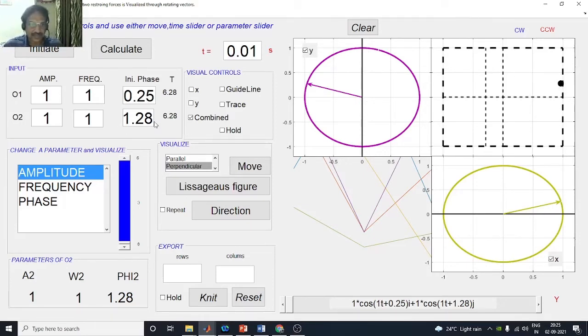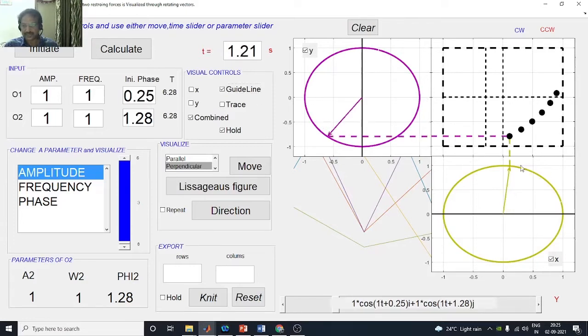So at a phase difference of 1.03, how would the motion look? So let me show. So this is at t equal to 0, and I will mark the positions at different times. So at this instant of time, you can see this is the component because of this vector, this is a component because of this vector, and this is the combined motion.